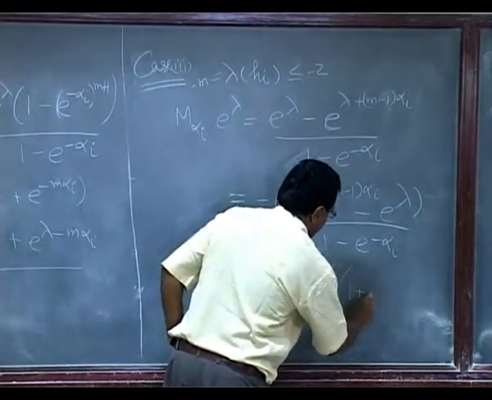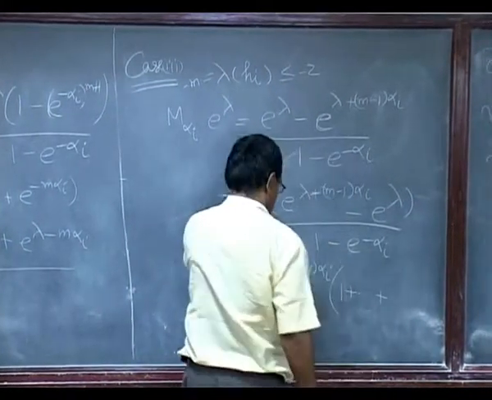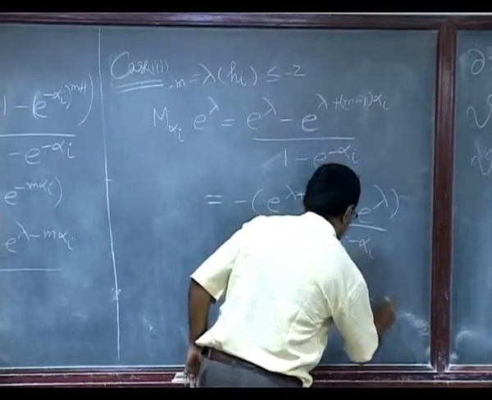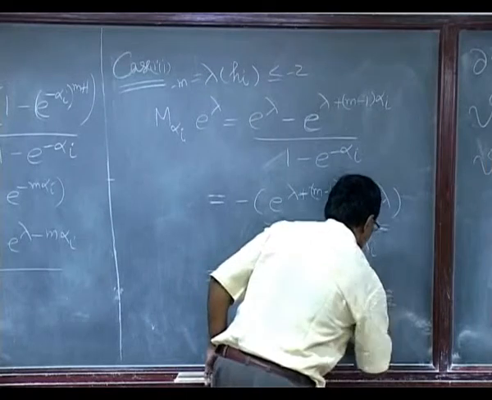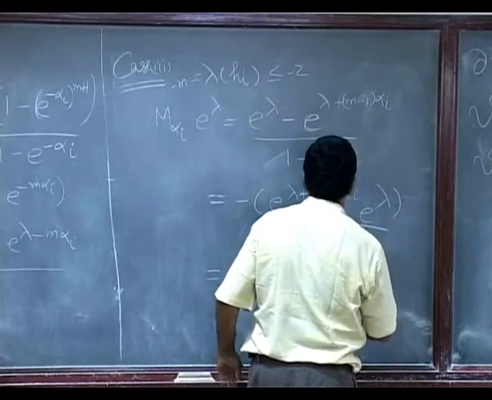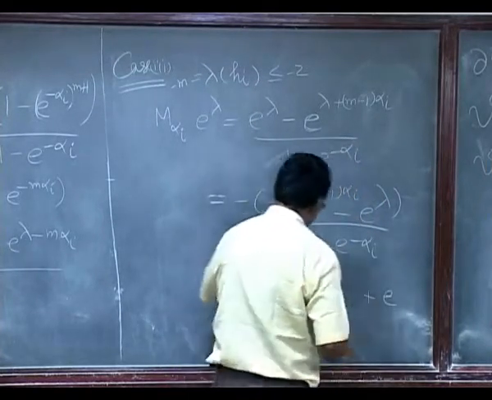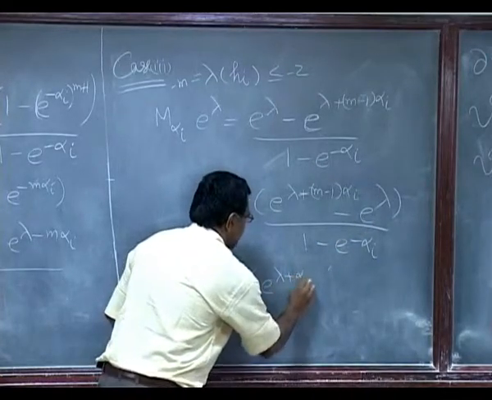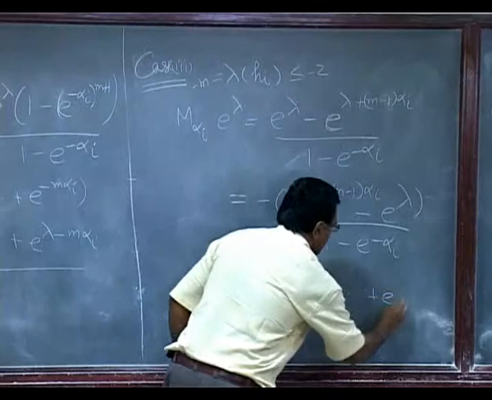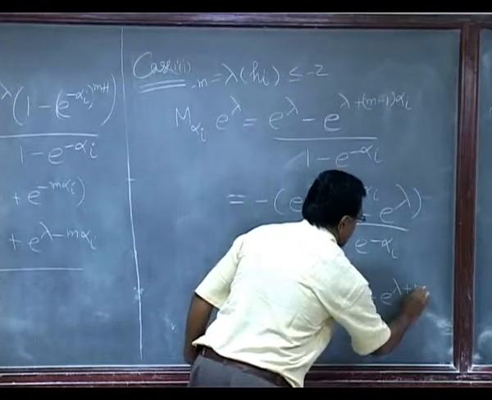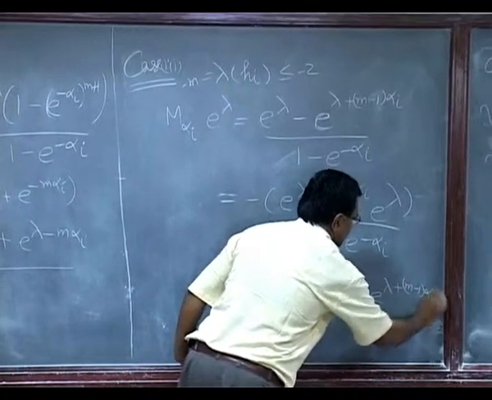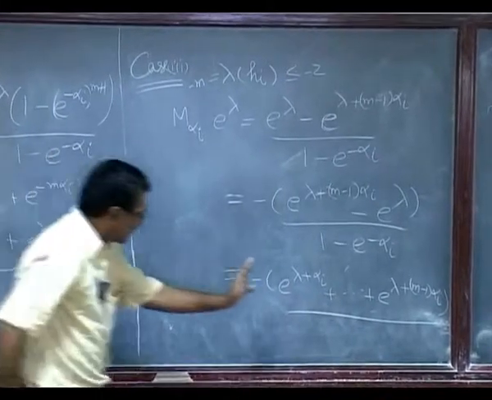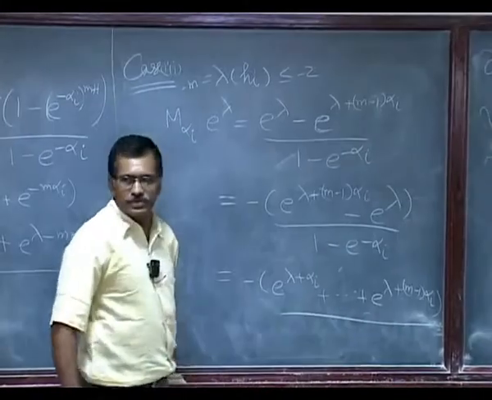One plus etcetera. Okay, I will write directly what is the answer. So, this is better: e^{lambda plus alpha_i}. This you can check. It starts from one above and then goes there.